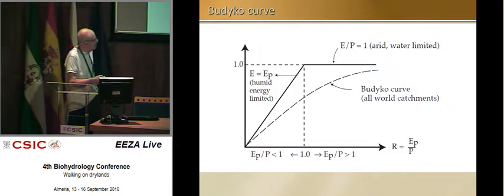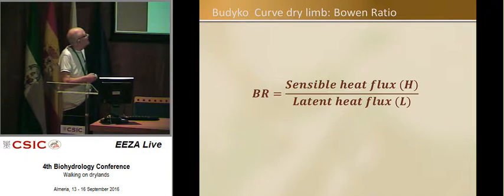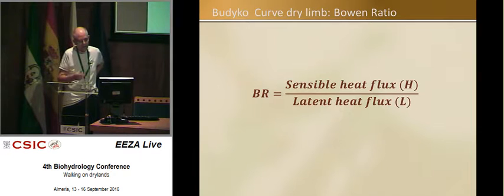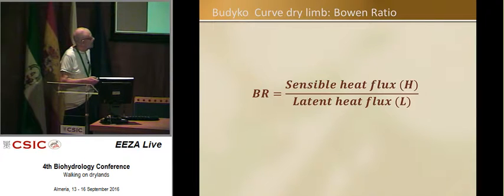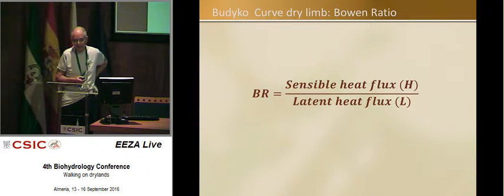So let's see. There is a very known relation called the Bowen ratio, which is the ratio between sensible heat flux to latent heat flux. Sensible heat flux is the heat which is sent to the atmosphere from the soil, which is very heated. And latent heat flux is the energy used for evaporation, which goes up to the atmosphere. So if sensible heat flux is very high in relation to latent flux, it means that the system is very inert.